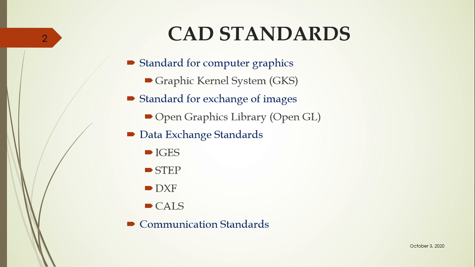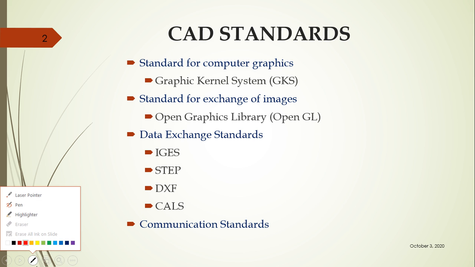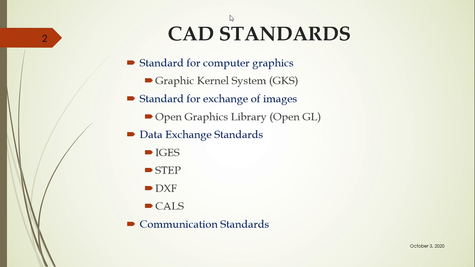Okay, so these are the various CAD standards we have already seen. This is actually a standard for computer graphics. It has been divided into several parts. One is the graphic kernel system, a standard which is used for computer graphics. Next, the standard for exchange of images.